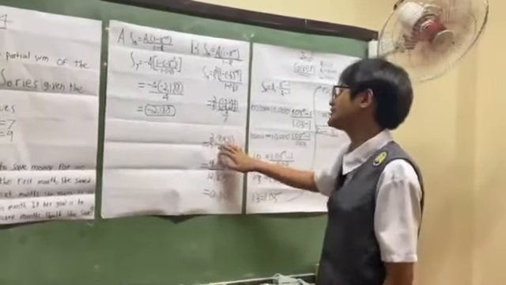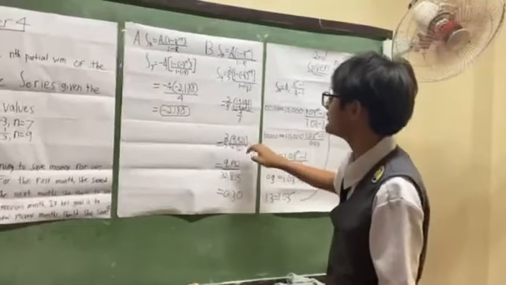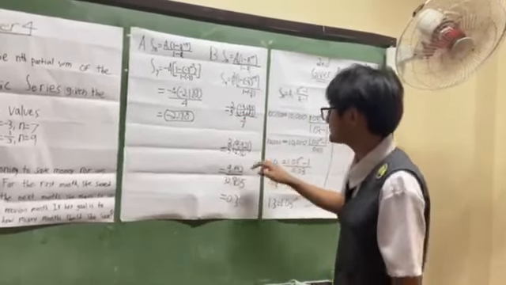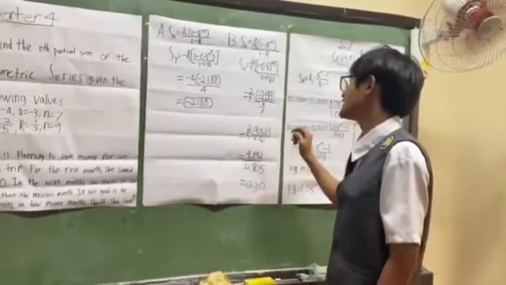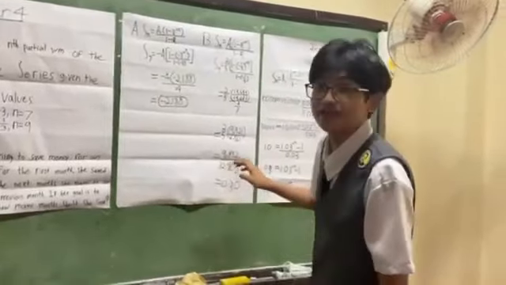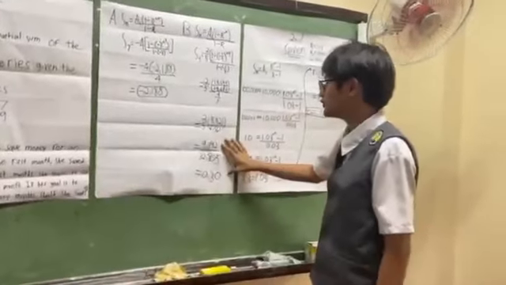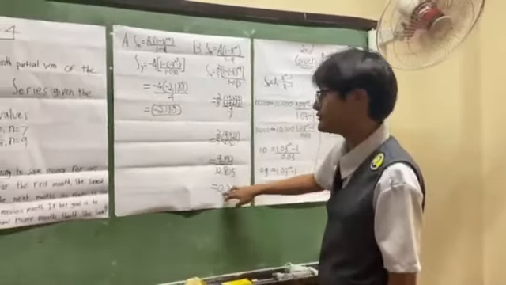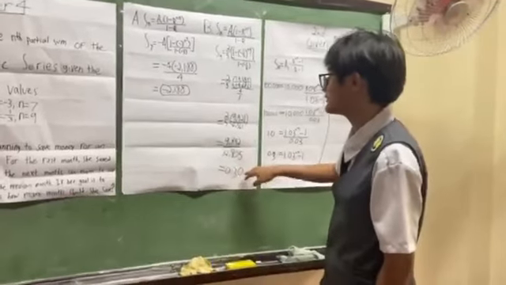So 2 times 4,921 would be 9,842, and 5 times 6,561 would be 32,805. So we must simplify it to get the number. So the decimal number would be 0.30.